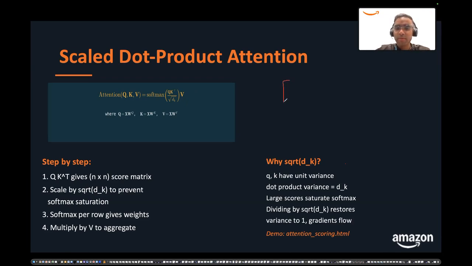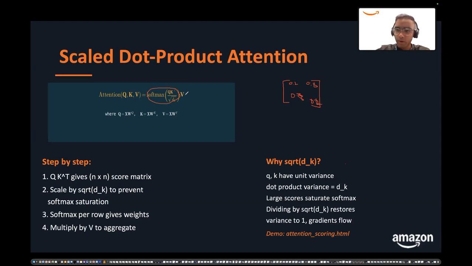After I have a 2 cross 2 matrix, say 0.2, 0.8, 0.3, 0.2, for an example, this part is my attention scores.